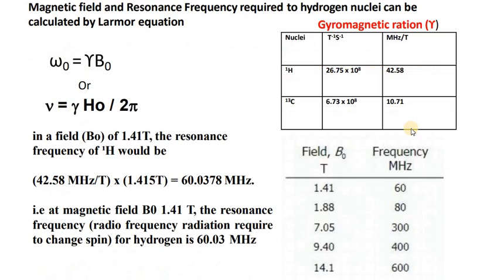Now for hydrogens, if this is the magnetic field, then the radio frequency required is 60. If it is 1.88, then the radio frequency required is 80, and so on. So if the magnetic field strength varies, the frequency required by the hydrogen to flip for resonance also varies.